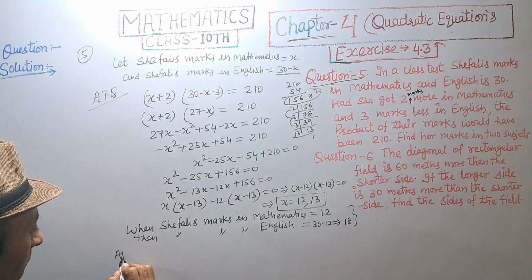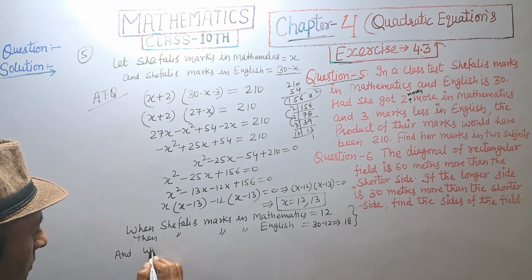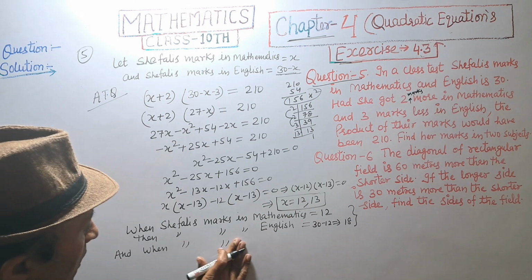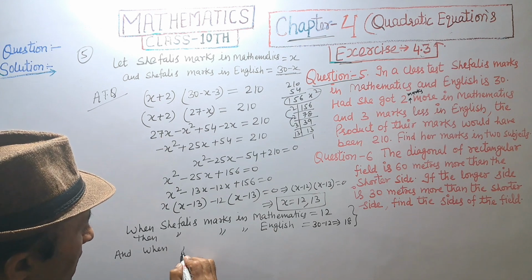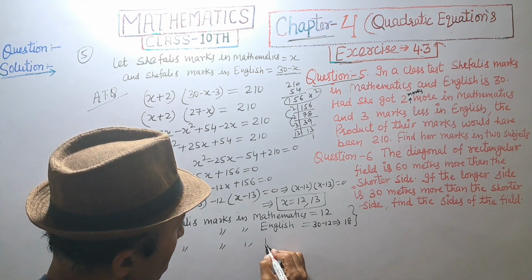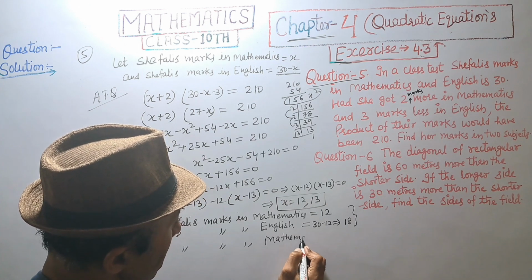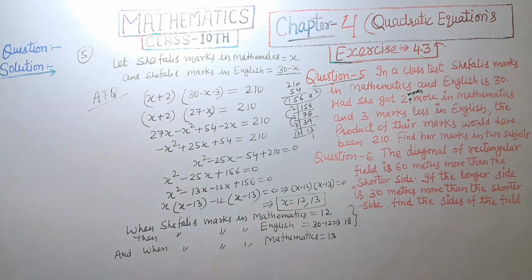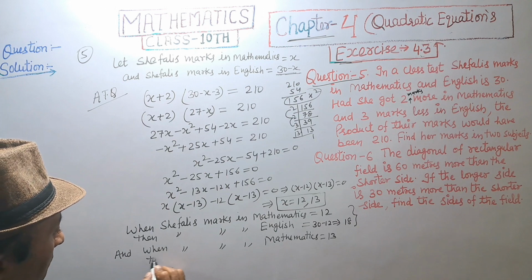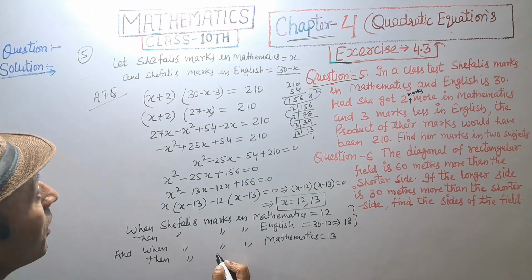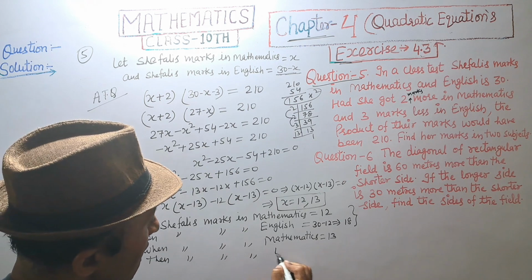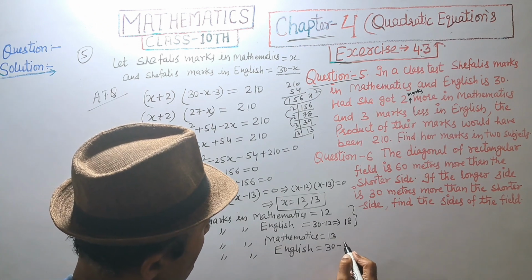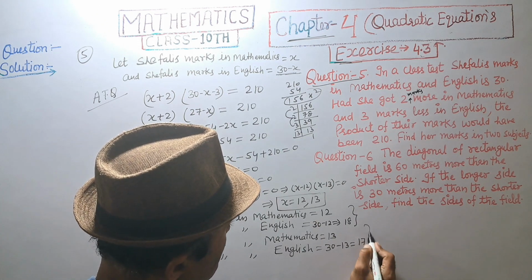And when she get 13 marks in mathematics, then Shefali's marks in English is equal to 30 minus 13 is equal to 17.